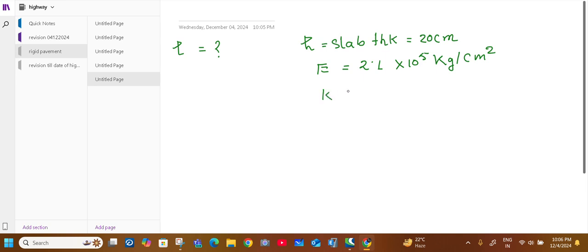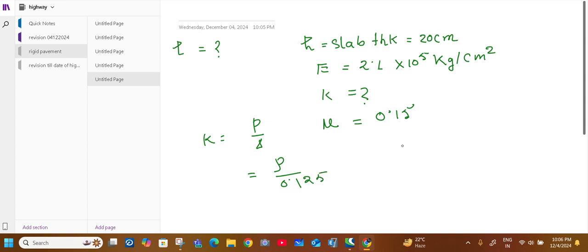K, the subgrade reaction, is not known, and mu, Poisson ratio of concrete, is 0.15. The K we have to calculate is P by delta, that means P by 0.125.